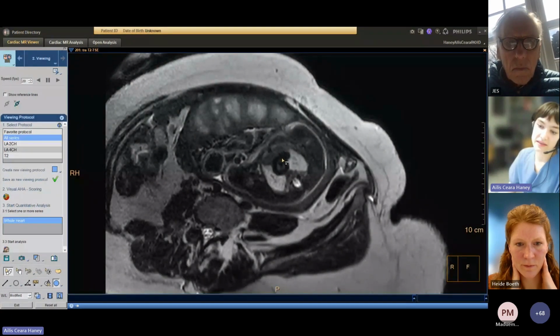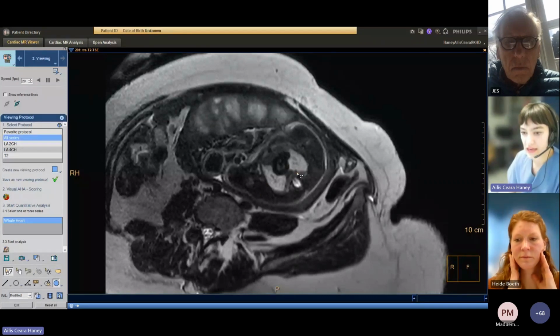We have the aortic arch going into the descending aorta, the superior vena cava, the pulmonary artery, and the ductus going into the descending aorta. Also here from left to right. So this confirmed the diagnosis of a right-sided aortic arch.